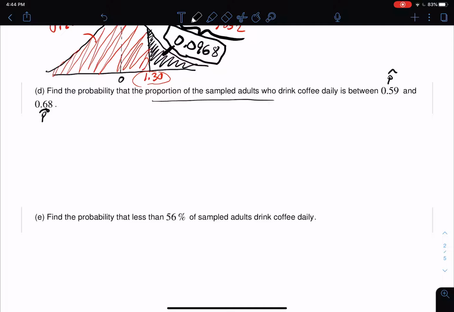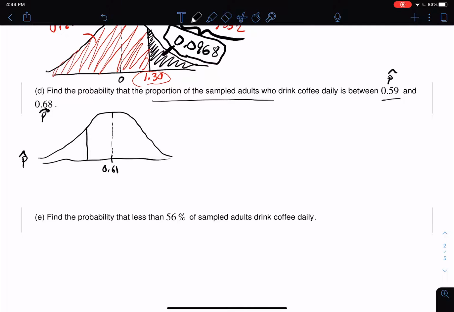This particular drawing is not super essential, but it is useful for mentally thinking about what's going on, because we're making a distribution with our p hats. And we do know the mean of the p hats, which we found at the very beginning of this problem, is 0.61.